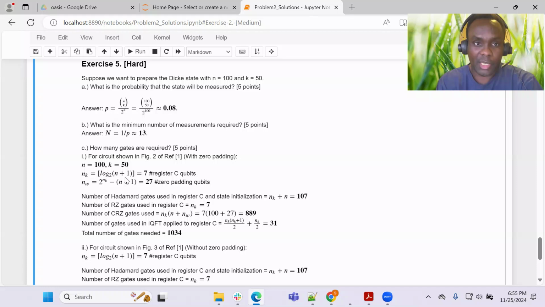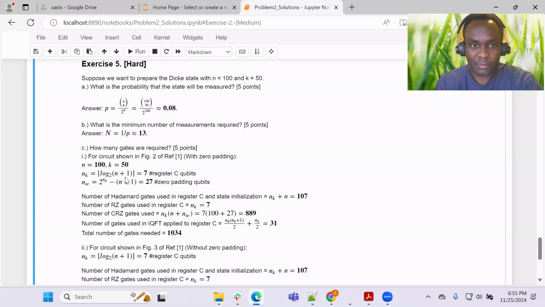The probability is n choose k over 2 to the n. How did I arrive at that? If you look at the equal superposition state, for Hamming weight k, there are n choose k basis states with Hamming weight k, and the n-qubit quantum state has 2 to the n basis states.